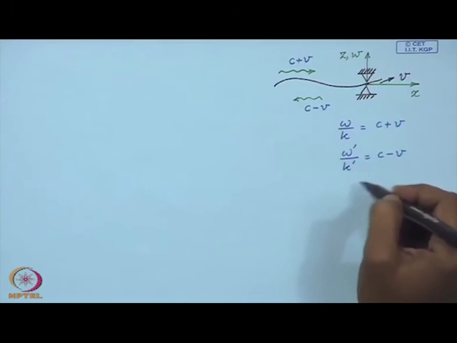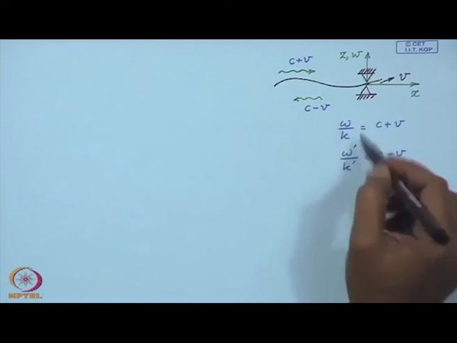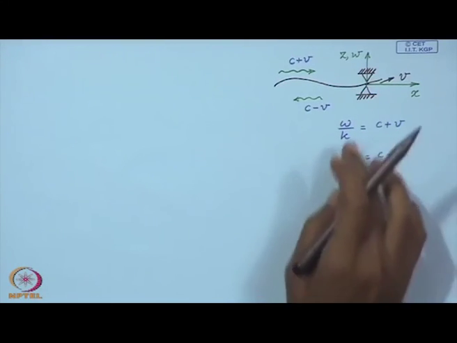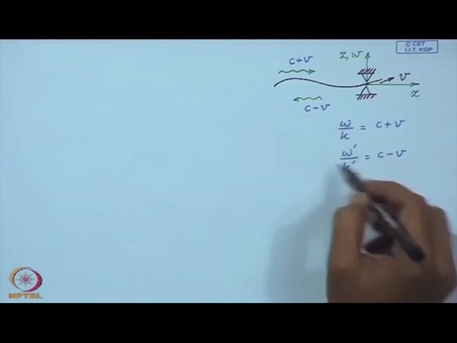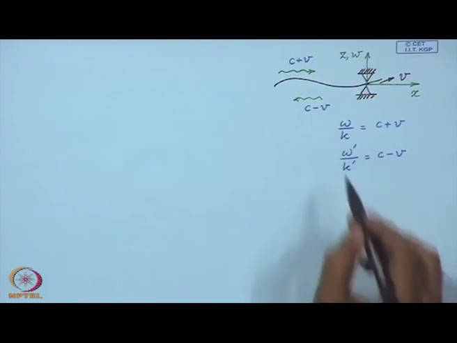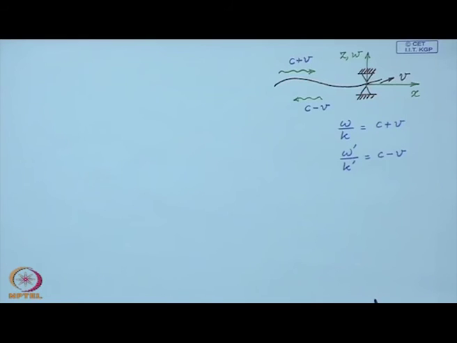Unlike in the case of a static string where they must be equal, now since the speeds in the two directions are different, we have to be careful that these may be in general different.